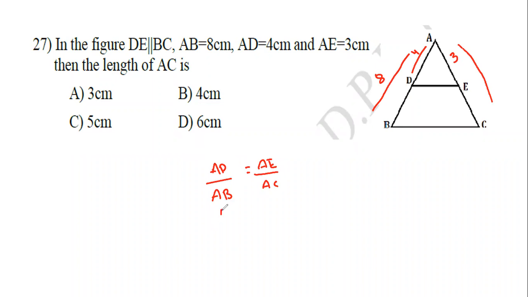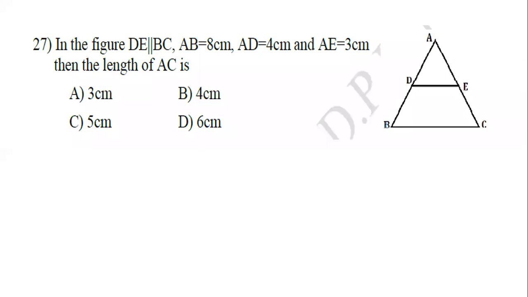AD length is 4 by AB length is 8, equal to AE length 3 divided by AC. So cross multiply, AC is equal to 3 into 8 divided by 4. 4 ones are 4, 4 sixes are 24, so 6 centimeter. So which option is right? Option D is correct.